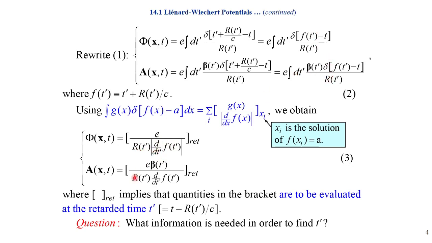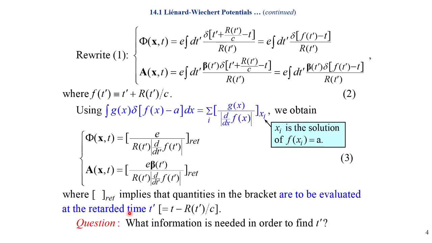That's the extra term here. It's evaluated at the retarded time. Evaluated at a time t prime equals t minus r of t prime over c.